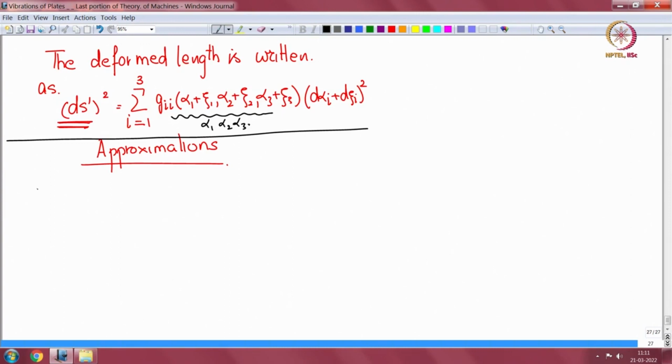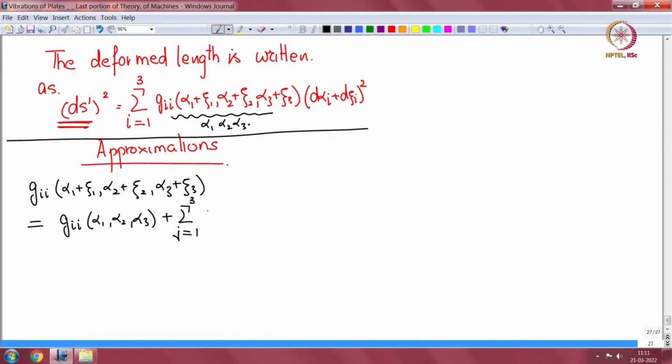So g_ii at alpha 1 plus xi 1, alpha 2 plus xi 2, alpha 3 plus xi 3 is equal to the base value at alpha 1, alpha 2, alpha 3 plus a sum over, let us say, j from 1 to 3 of del g_ii at alpha 1, alpha 2, alpha 3 by del alpha j times xi j, plus higher order terms, which we will drop. Okay. So that is the approximation on this.